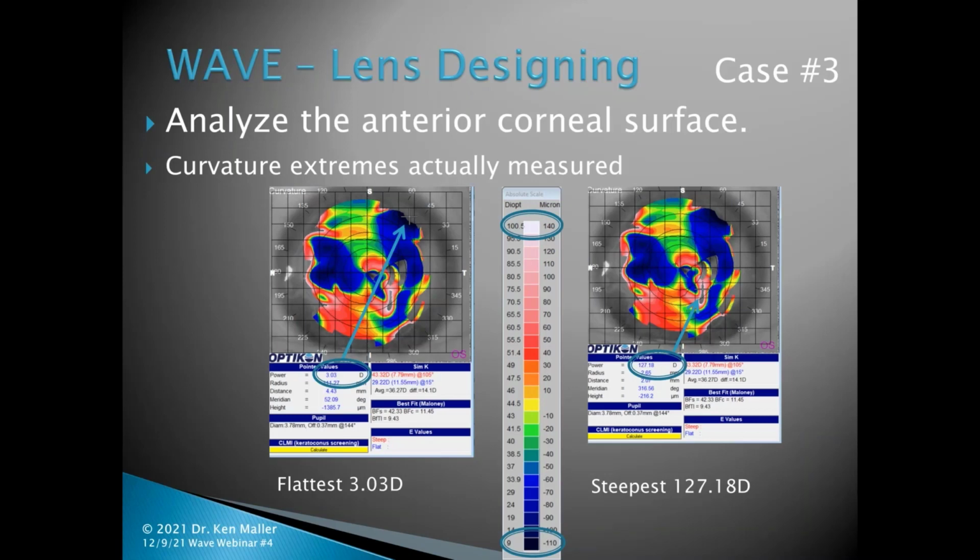But then once I got into the steepest portion of that, there just weren't any colors to represent what was going on in this particular eye. So you can see the K values are certainly not the 44 by 44.50 we see on the average corneas out there. They're 3 diopters by 127 in terms of flattest and steepest. So we have some very dramatic curves on this particular eye.